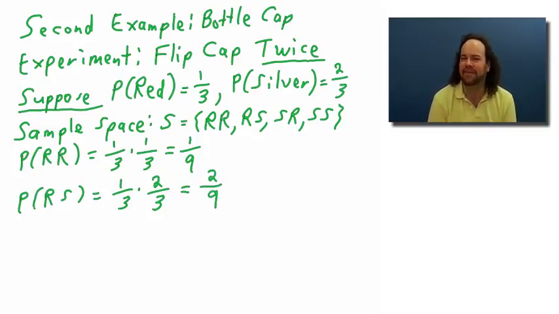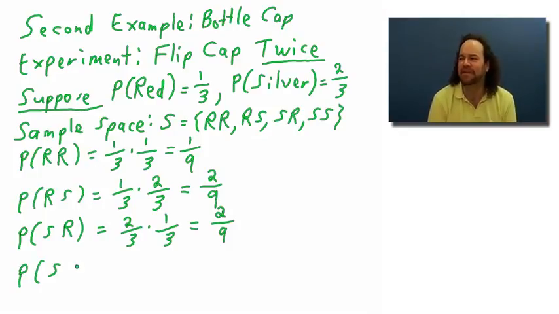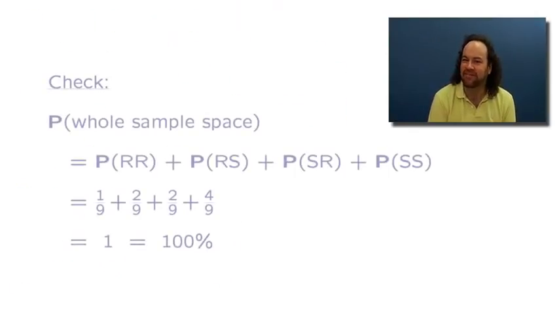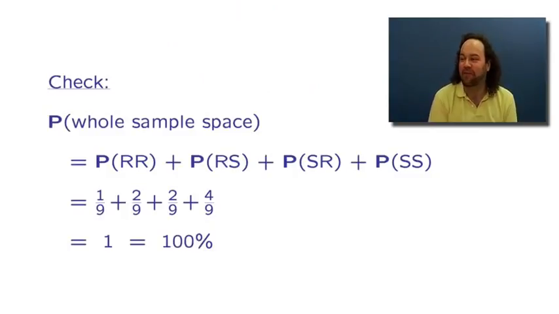And the probability of silver and then red is equal to 2/3 times 1/3, which in this case is again equal to 2/9. And the probability of silver and then silver is equal to 2/3 multiplied by 2/3, which is equal to 4/9. So now we have some probabilities which aren't all equal, but we can still check that the probability of the whole sample space should be the sum of these 4 different probabilities, and sure enough, it still adds up to 1 as it has to.